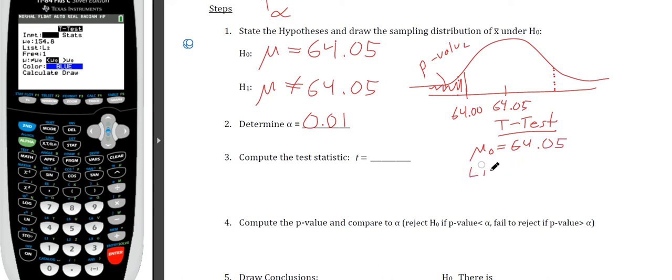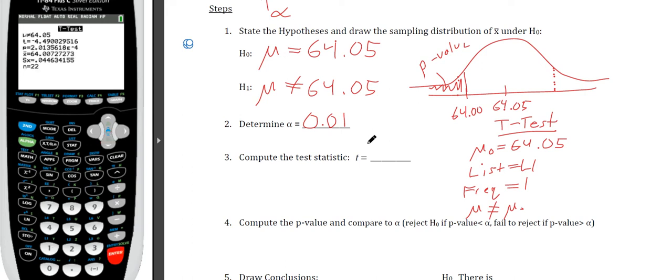List is L1. Frequency list is 1 because I do not have a paired frequency list. And what we're looking for is mu not equal to mu sub 0. Those are going to be my 4 inputs here. So 64.05, L1, so second one, and then not equal to.